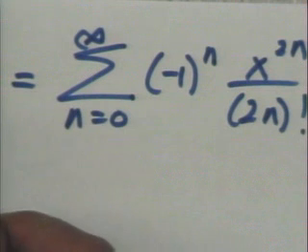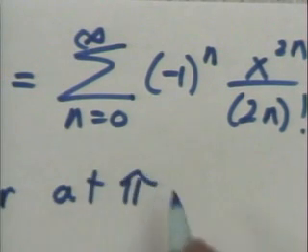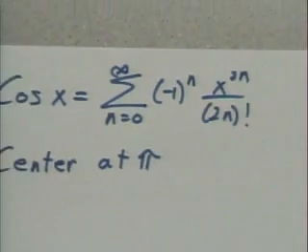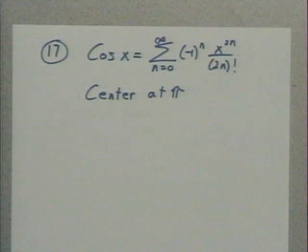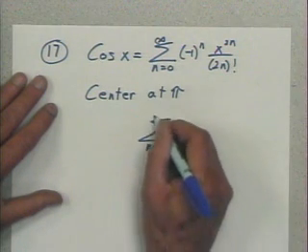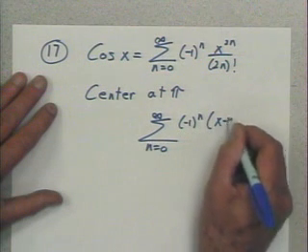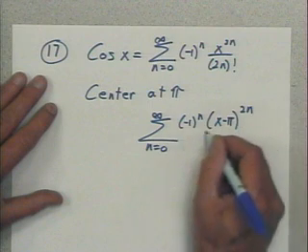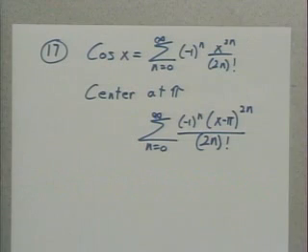Now I want to recenter it. You zoom out a little bit. Think it'd be easier to read? No, harder to read, but you could actually see it. Okay, center at pi. So what he's saying is, maybe I could just say x minus pi here instead of x, but that part will not change. Is that true?